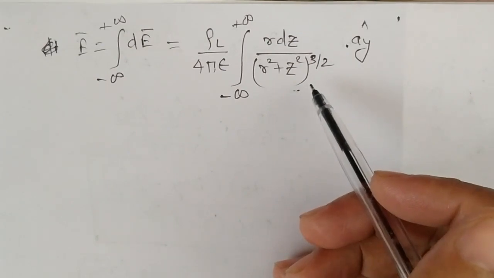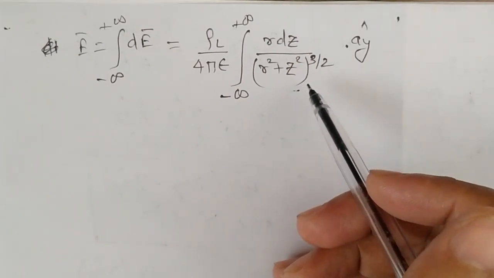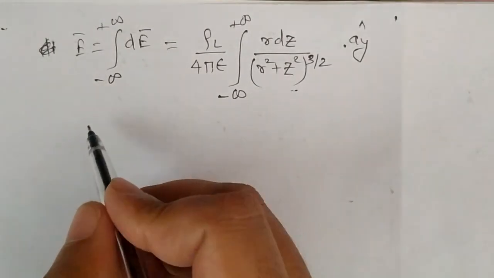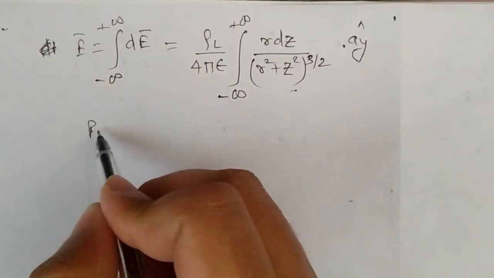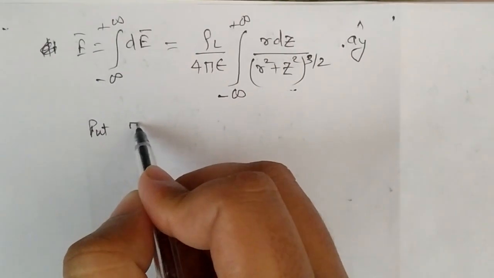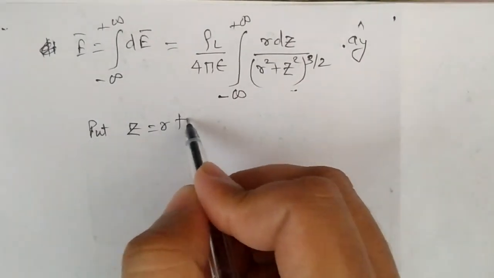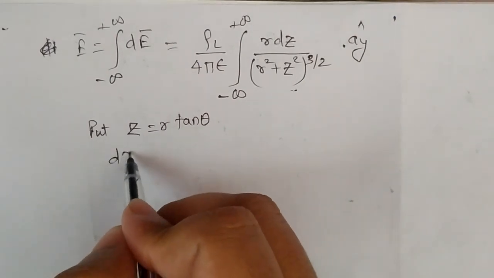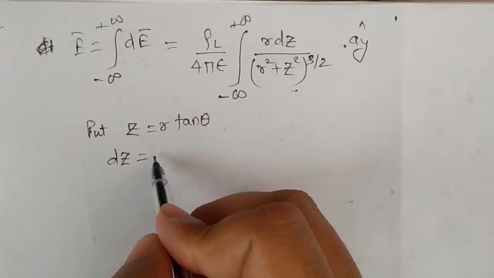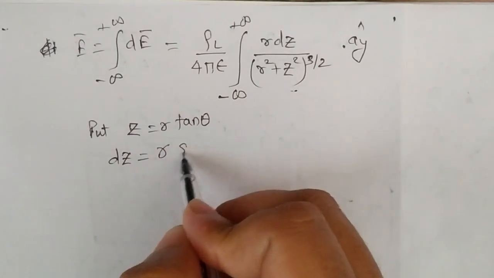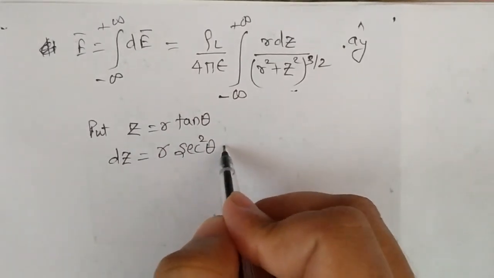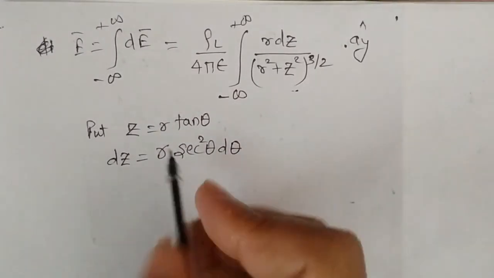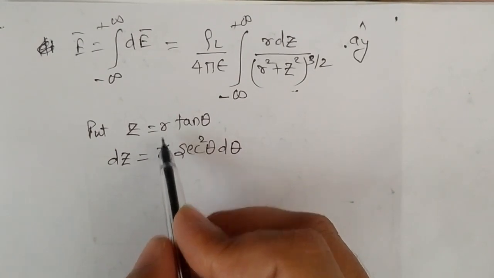What I am substituting is Z equals R into tan theta. Therefore dZ equals R into sec square theta d theta. R I am treating as a constant for the time being.